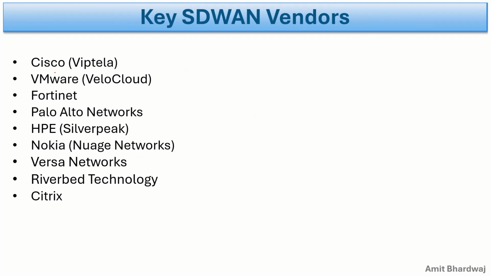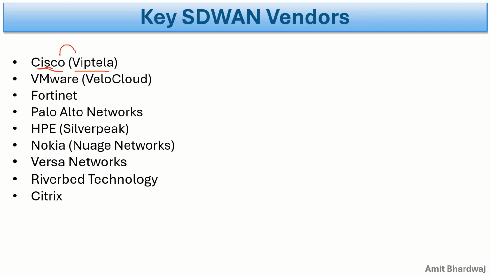Key SD-WAN vendors. Here is the list of the key vendors in the market which provide SD-WAN, and the functionality and feature set is almost the same. However, they have their own component types and the way they are implemented is a little bit different. The key factors and benefits can be reaped from any of the SD-WAN vendors. To start with, we have Cisco SD-WAN, which was earlier called Viptela.